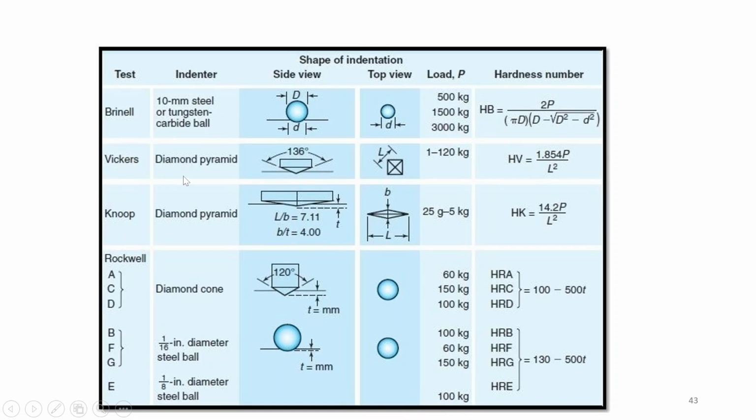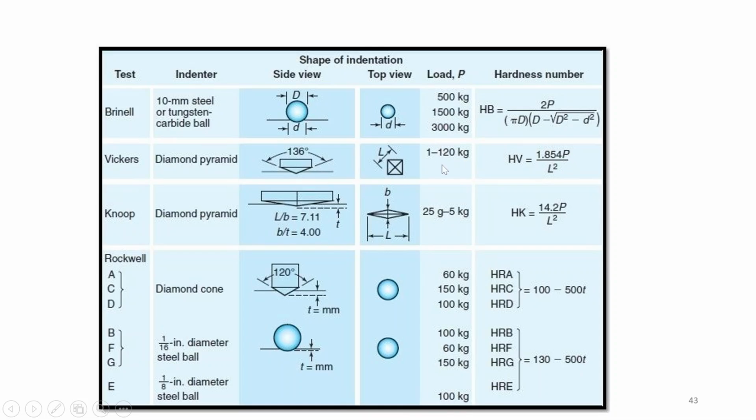In the case of Vickers, you have a diamond pyramid indenter. It is made of diamond and the angle between the faces will be 136 degrees, and this is what your indentation looks like. You measure the diagonals of this, referred to as capital L, and put this in the formula.